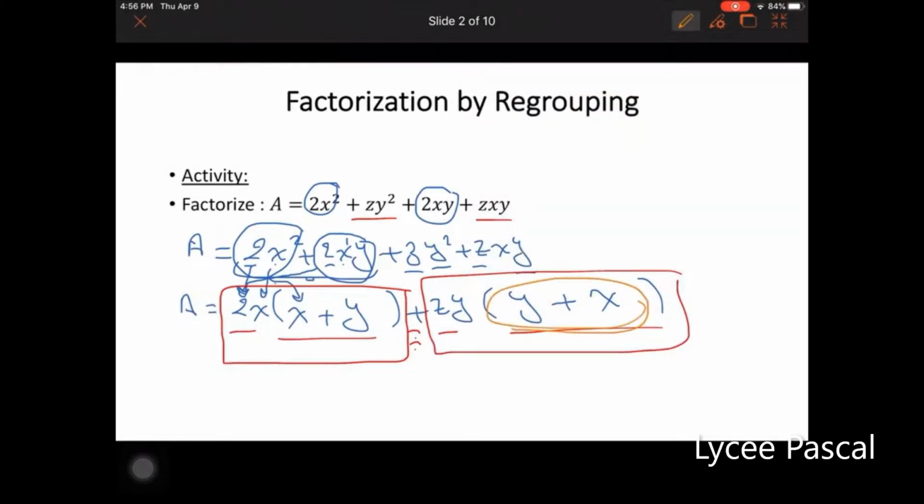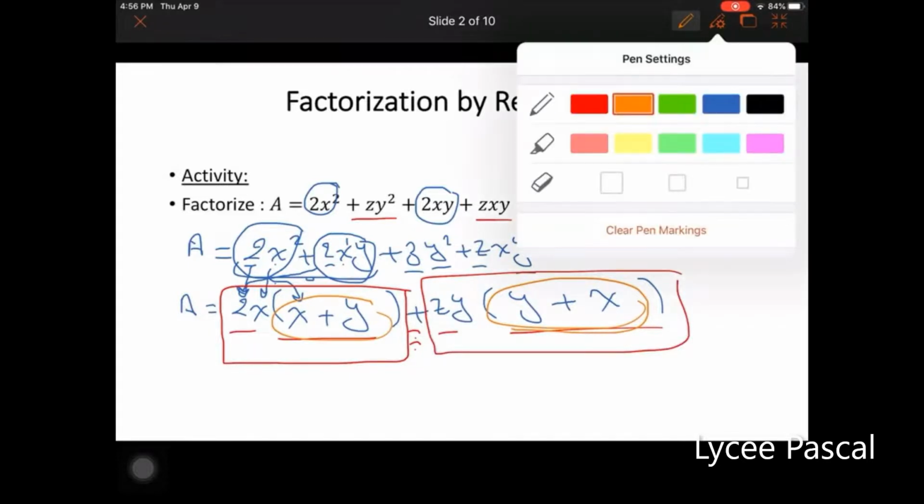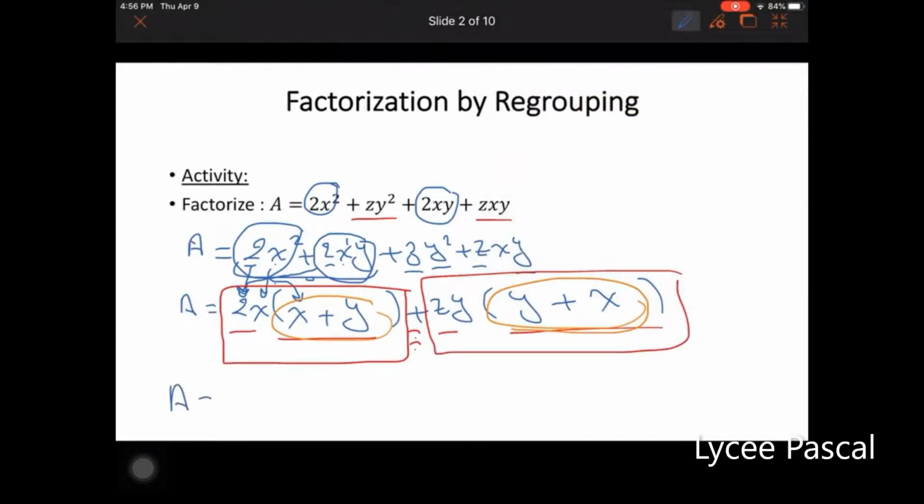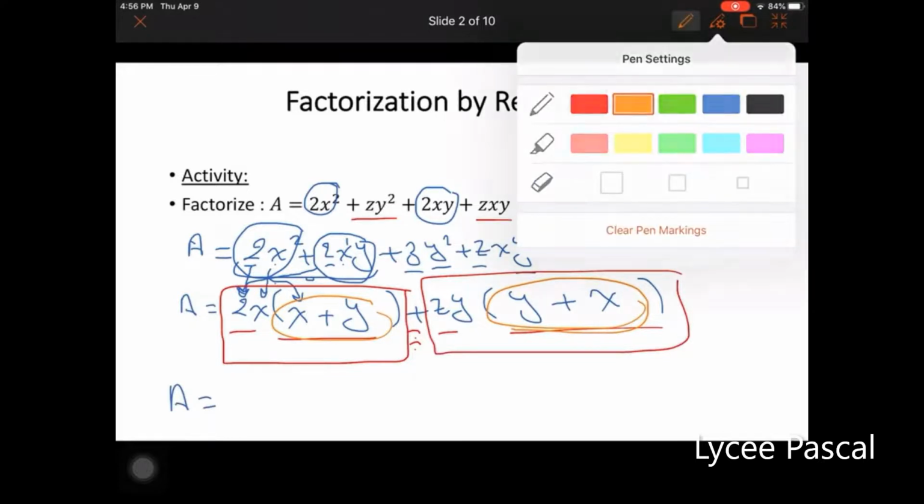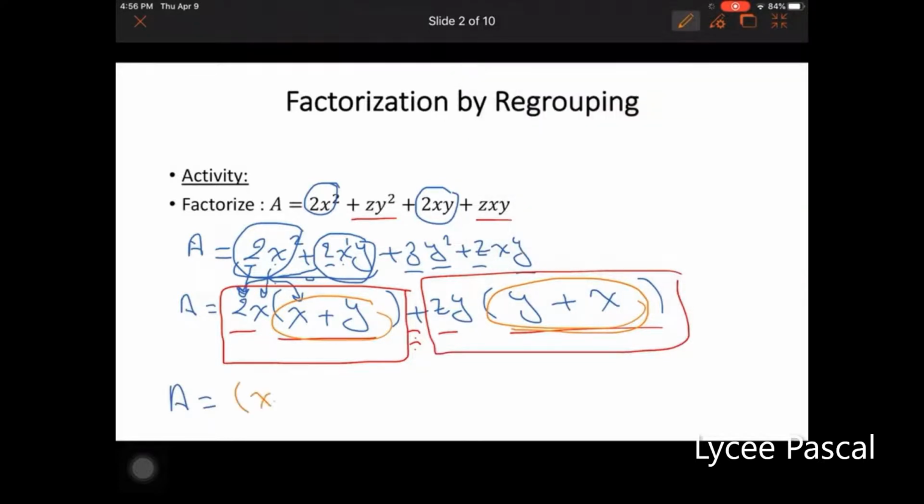Okay, so we can take this common factor, we can write it here, it is x plus y. From the first block, the remainder is only 2x plus, this is the plus. From the second block in red, the remainder is zy, and this is our factorization. So A equals x plus y times 2x plus zy.